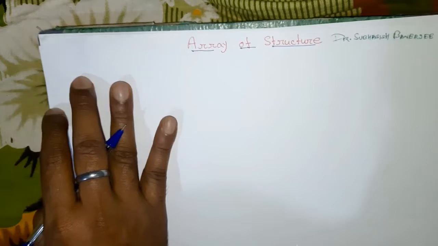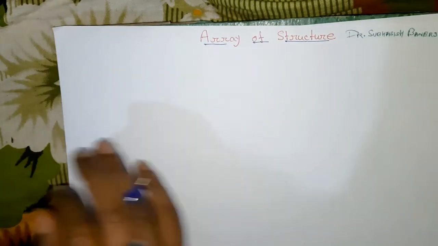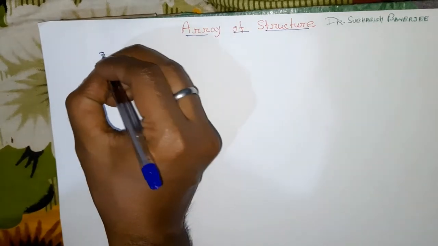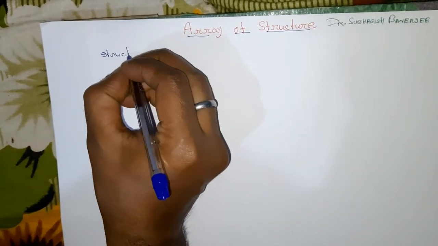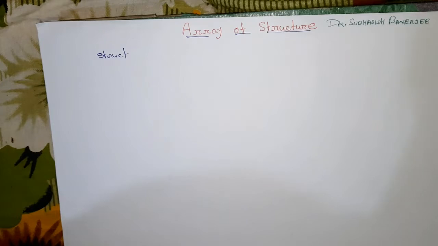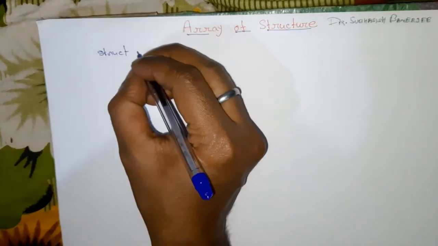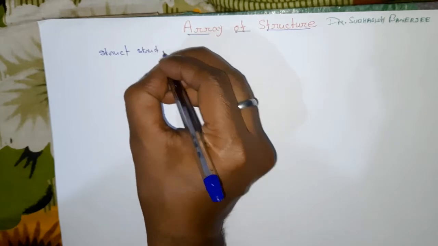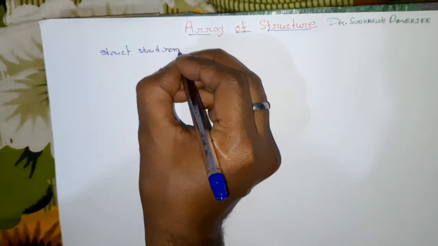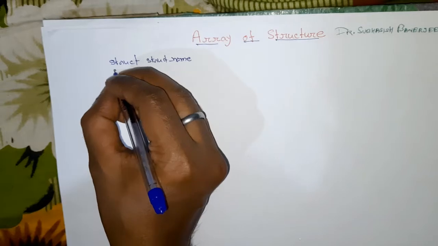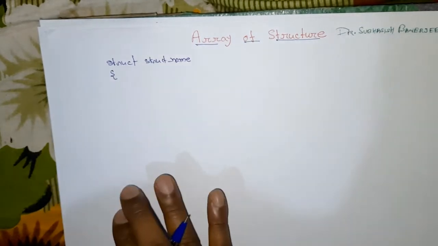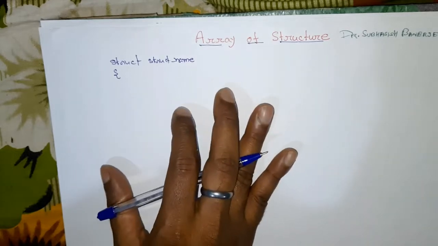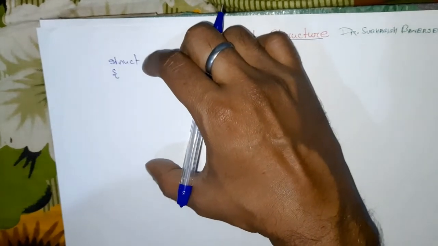How can we define such a structure? Every structure starts with the keyword struct followed by some name. Let's have struct name, and you have to define open braces, and inside these braces you specify what data is going to be stored in the structure, meaning the shape of that structure.